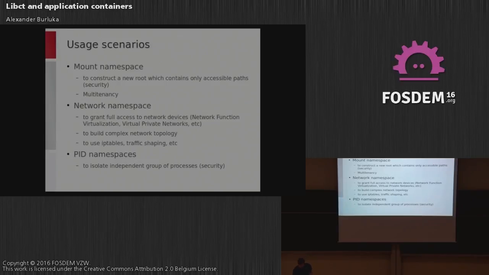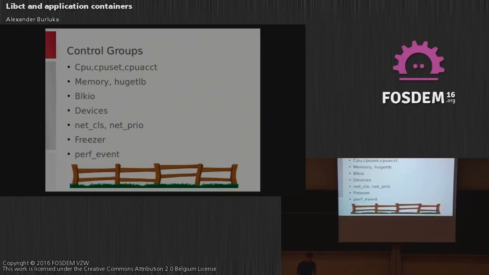Let's go to the control groups. Control groups are a limitation of resources. If namespaces give you an isolated instance of a resource, control groups limit that instance. The cpuset limits the CPU scheduler, the number of CPUs on a multi-processor system.